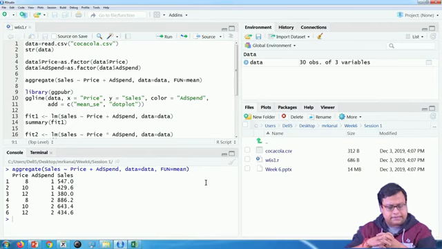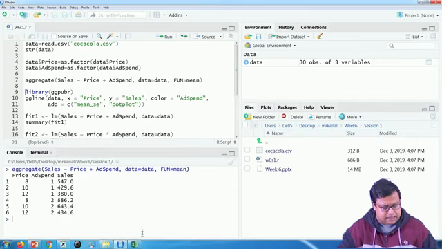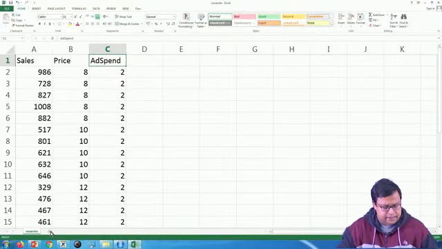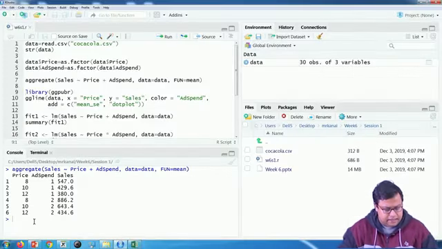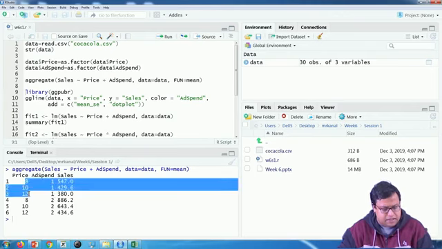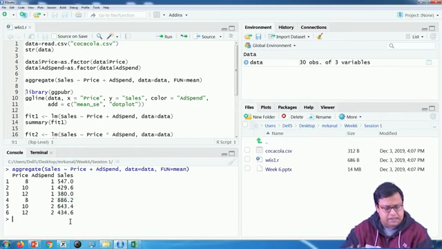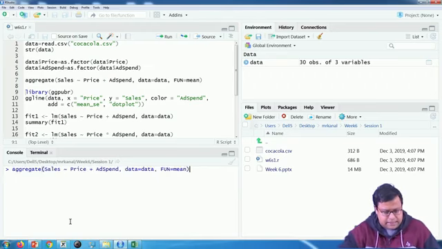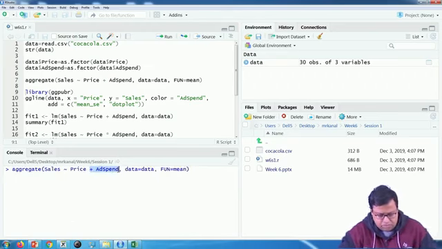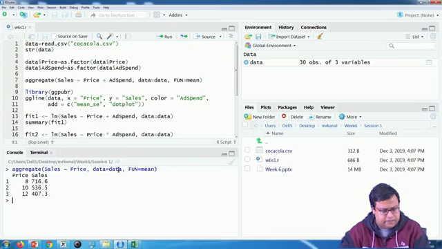You see the price is 8, 10 and 12, and the ad spend is 1, and then this is 8, 10 or 12. Before I show you this, let us do it only for price.